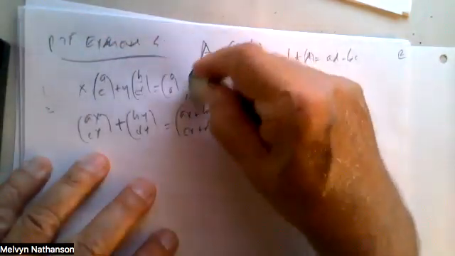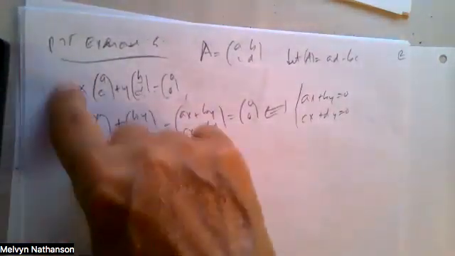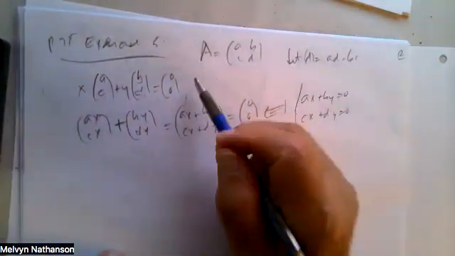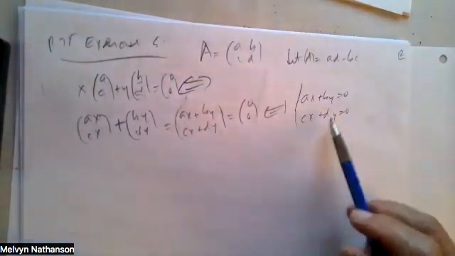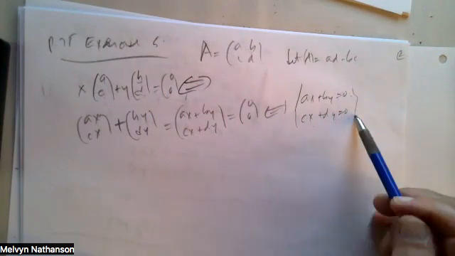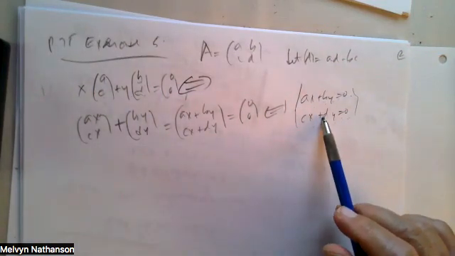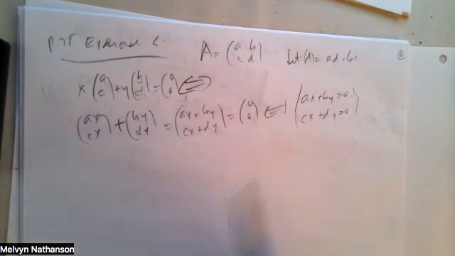So this linear combination of vectors is 0 if and only if AX plus BY equals 0 and CX plus DY equals 0. So if and only if this set of two equations and two unknowns has only the 0 solution. All right.